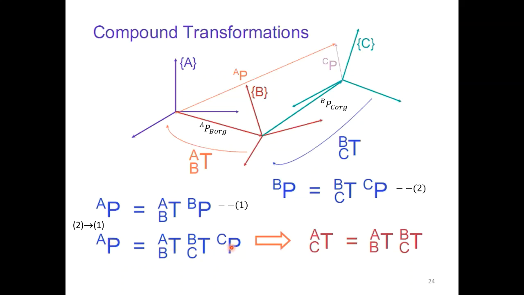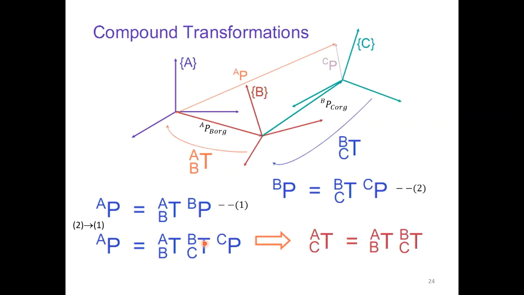So what is this operator? You have already figured out this is CP, this is AP, so this should be the homogeneous transformation matrix of C with respect to A, which is ACT. So ACT is equal to ABT BCT.